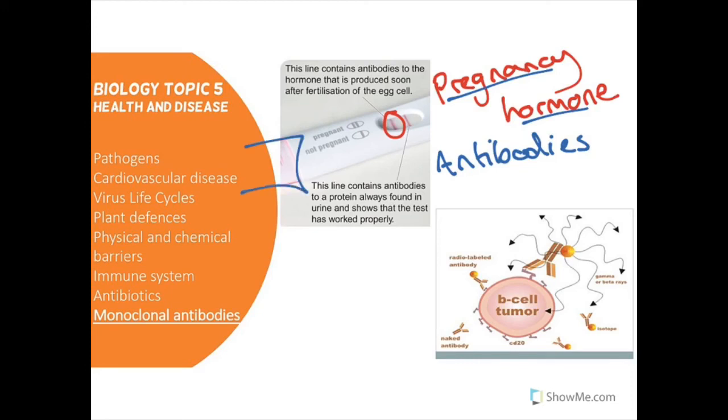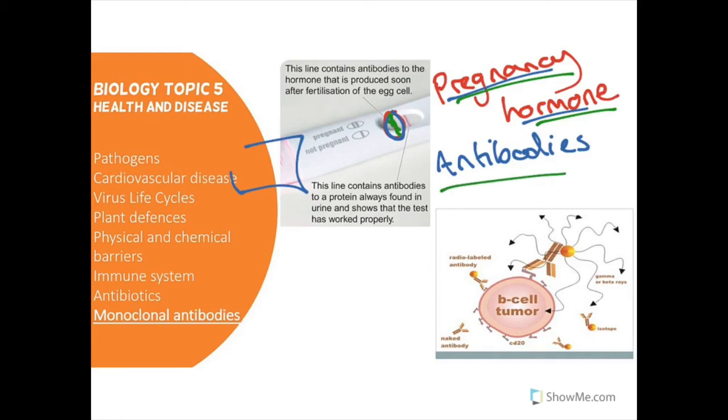So if you wee on this strip and you have that particular pregnancy hormone, the antibodies will stick to this part of the test and it will appear as a line. If you do not have the pregnancy hormone, then the antibodies are not going to stick to that line, so that will be clear for you. So this is one use of monoclonal antibodies.